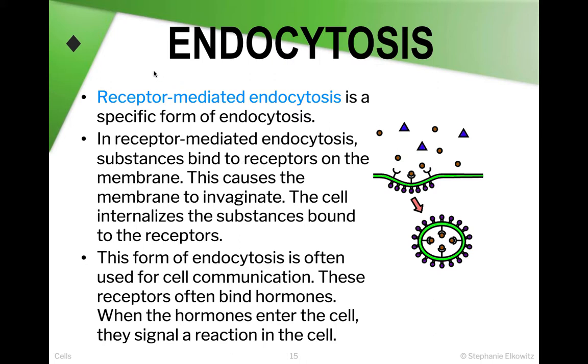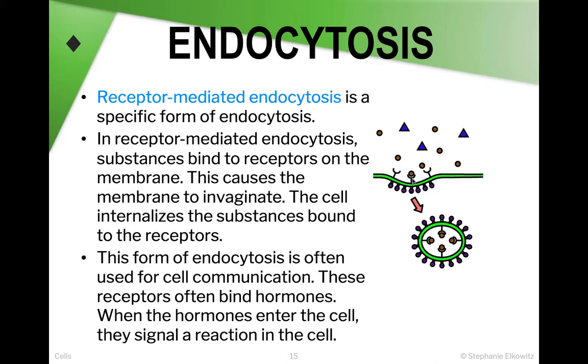This is the long one. Receptor-mediated endocytosis is a very special type of endocytosis. In receptor-mediated endocytosis, substances connect to receptors. Remember, receptors are things that are receiving information or things on the membrane.